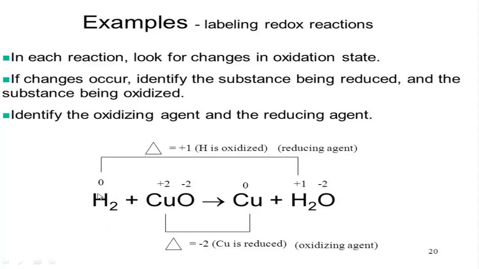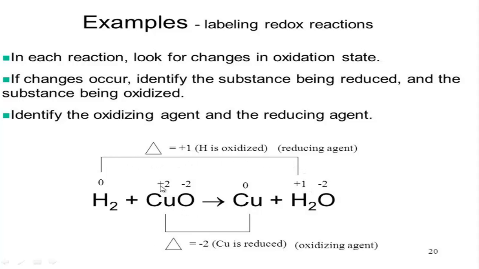Here before the reaction the oxidation number of hydrogen was 0, copper was +2, oxygen was -2, but after the reaction the oxidation number of copper has changed to 0, hydrogen +1, oxygen -2. So here hydrogen is converted from 0 to +1. That means the oxidation number is increased. So this is the oxidation reaction.